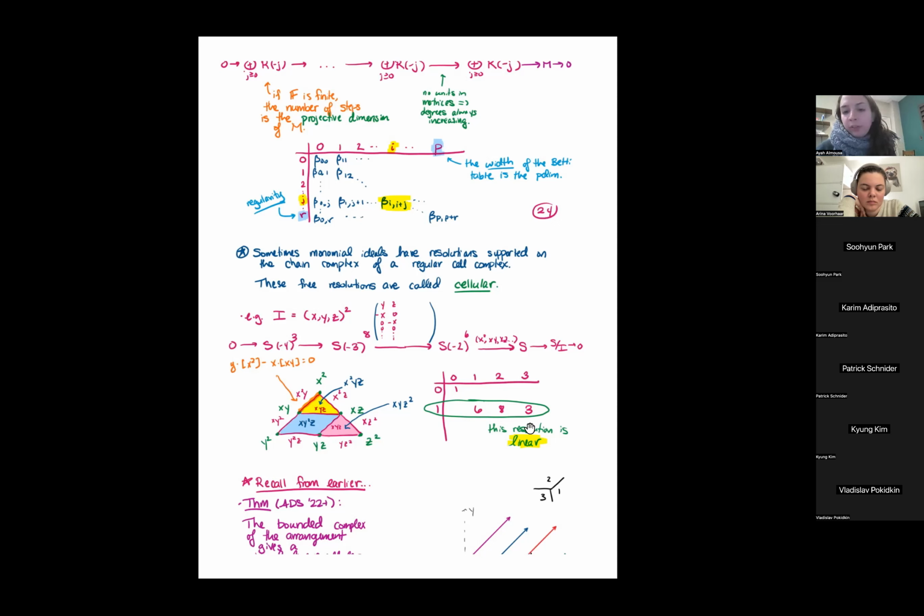Moreover, this resolution is linear. It's called linear because everything is in a line in the Betti table, and it also means that all of the matrices after the generators have linear entries.